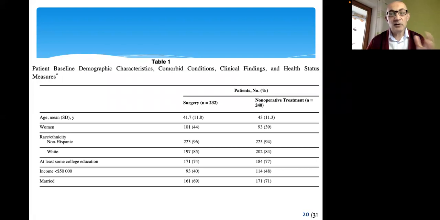They are expected to first present their descriptive findings, and you can compare the 2 groups. The surgery group has 232, whereas the non-operative treatment group has 240 participants. So from this table I can get an idea whether this randomization was done appropriately or not.